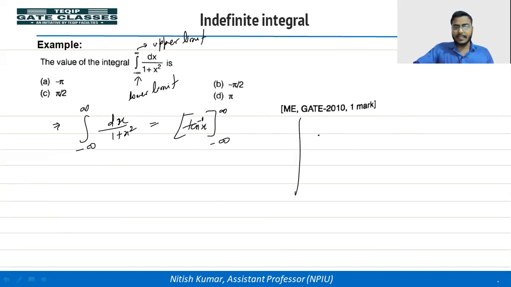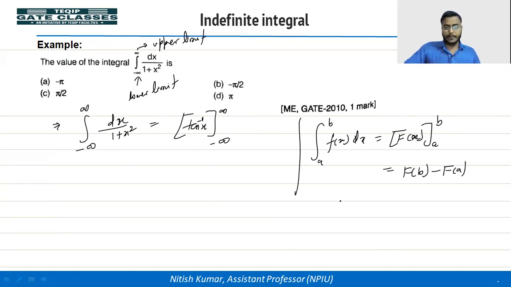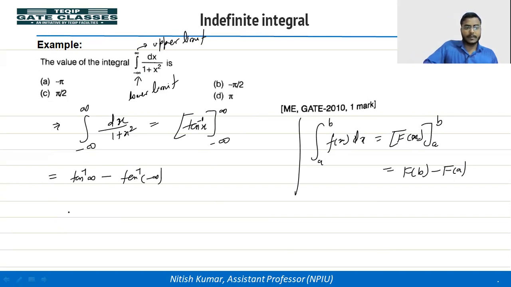Generally, suppose the integral from a to b of f(x) dx, we can write it as the function of x from a to b, which is f(b) minus f(a). So let's write tan inverse infinity minus tan inverse minus infinity.